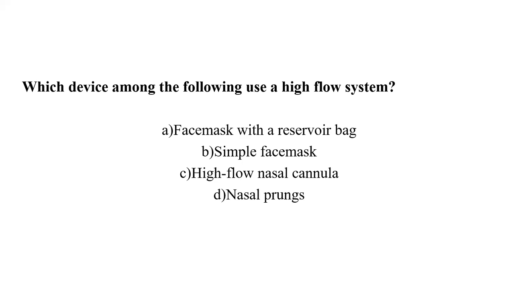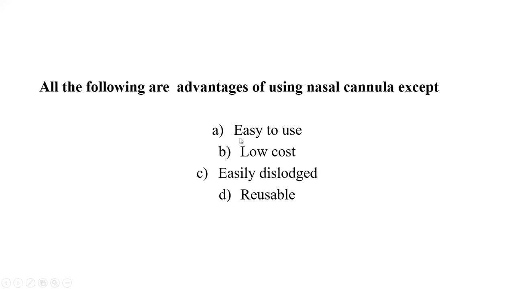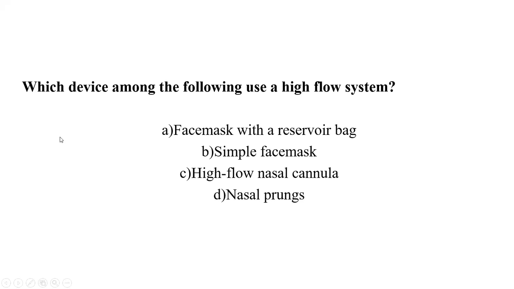Okay, without delaying, as we know, the face mask with reservoir has a flow, if you go to the previous slide, between 10 to 15 liters. The simple mask is 5 to 10.